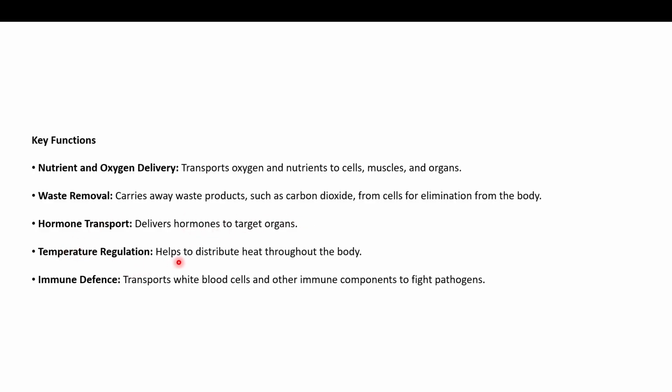Temperature regulation, it also helps to distribute the heat throughout the body. Definitely immune response, where it helps transport white blood cells and other immune components to fight pathogens at the site of infection. And also it helps transport neurotransmitters for signal transduction throughout the body.